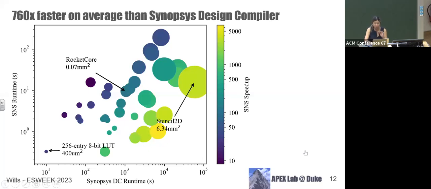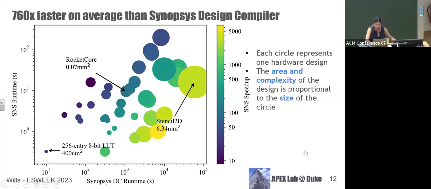Each design point is represented as a circle, and the area and the complexity of the design are proportional to the size of the circle. So bigger circles are more complex and larger designs. The speedup ranges from 10 to more than 5,000, with the lighter colors representing more speedup.